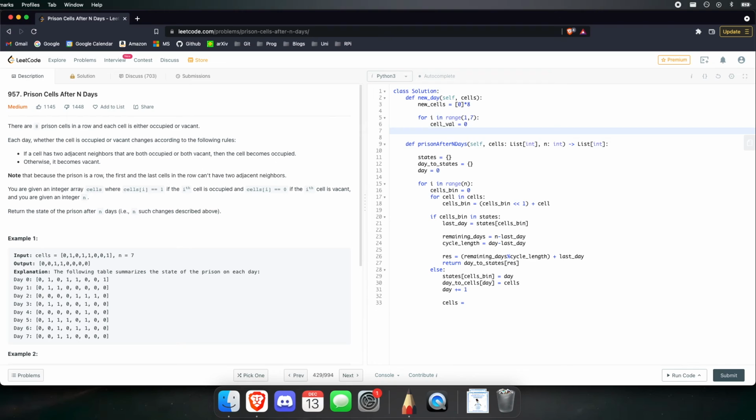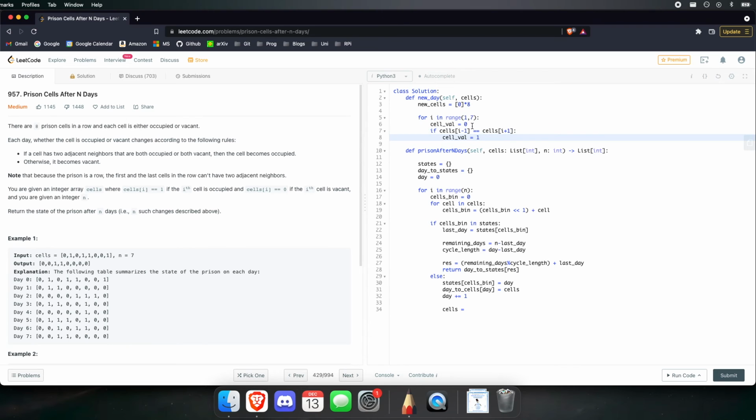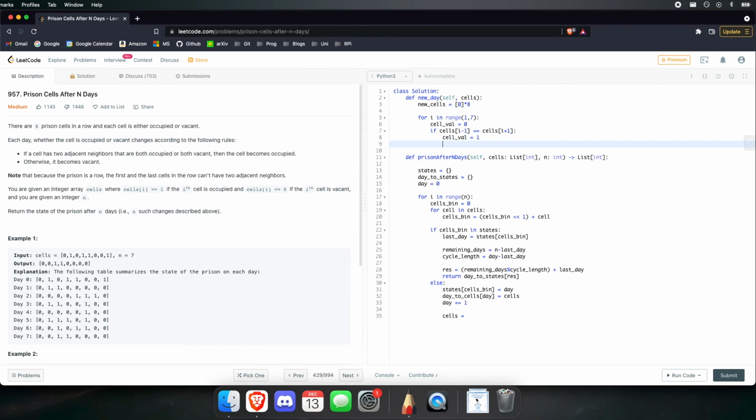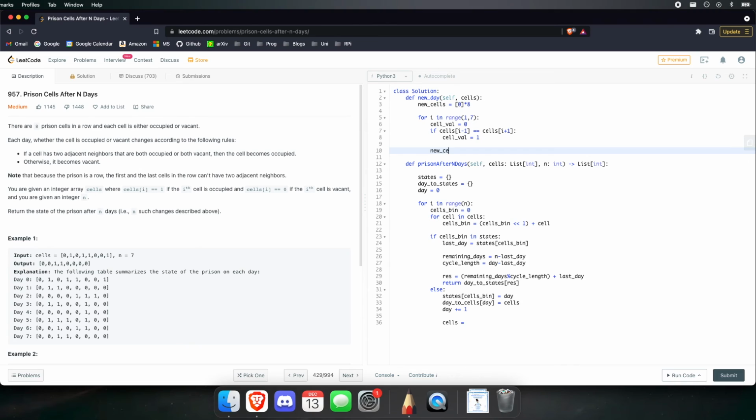So initially cell value is equal to 0, but if cells of i minus 1 is equal to cells of i plus 1, then cell value will equal 1. So if the two neighboring cells are the same, meaning they're both vacant or they're both occupied, then the current cell we're looking at will be 1.